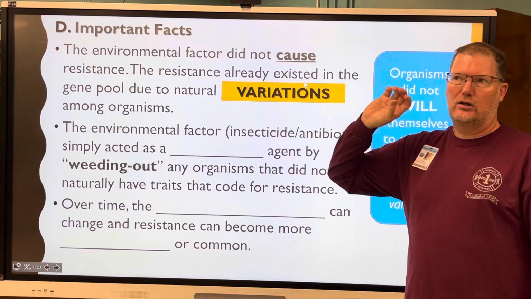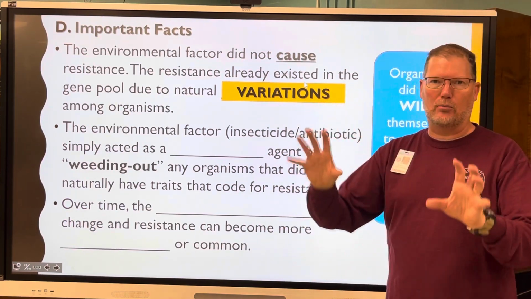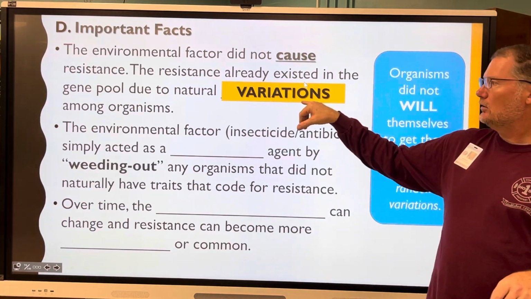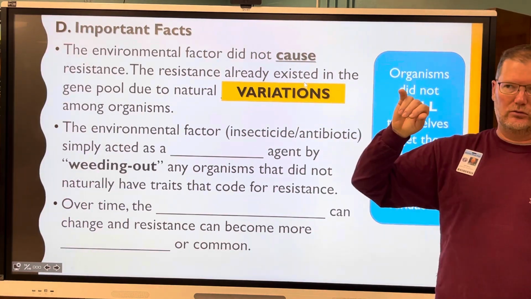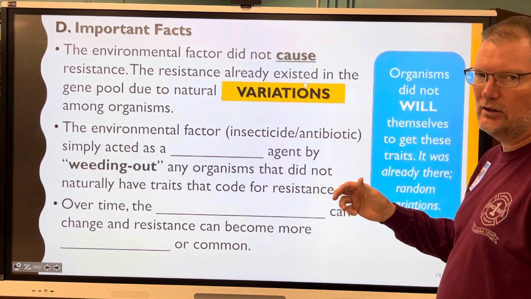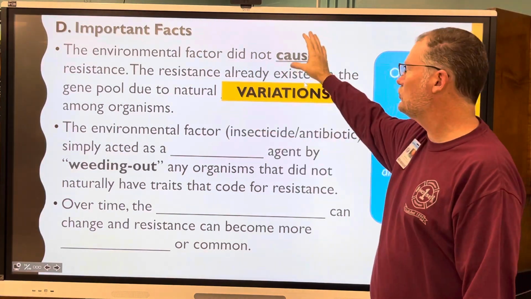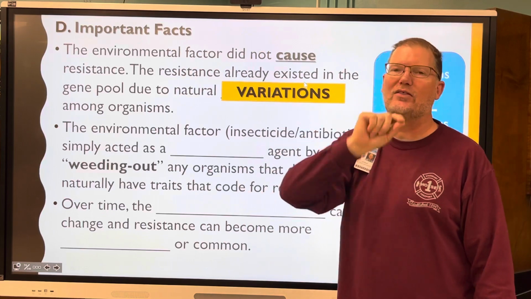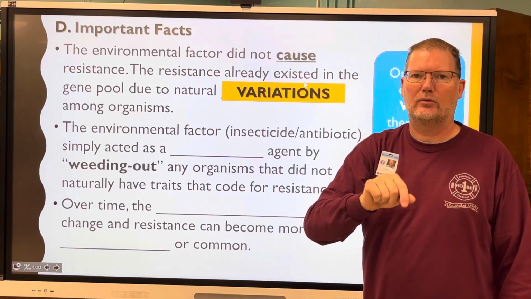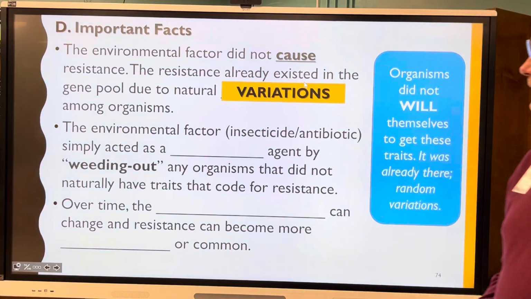It was the variation in the gene pool, the white and black moths, that enabled the species to change, okay? It didn't cause it. And in bacteria or in insects, the pesticide didn't cause the resistance. It was already there in the variation of genes of the insects.